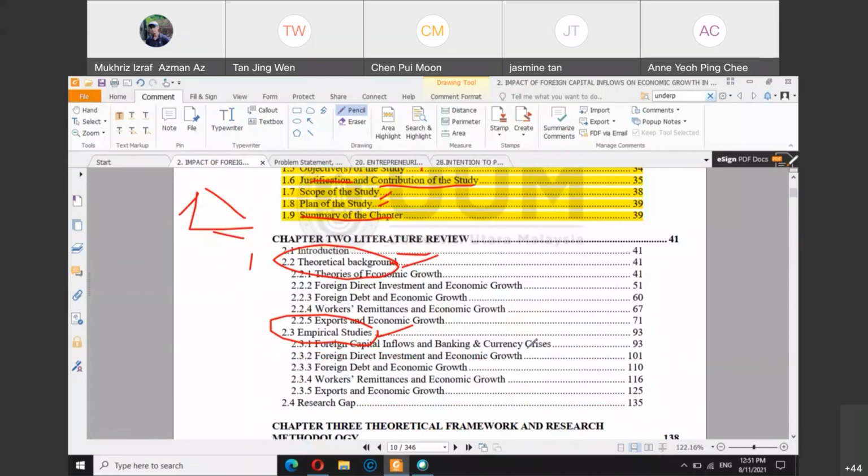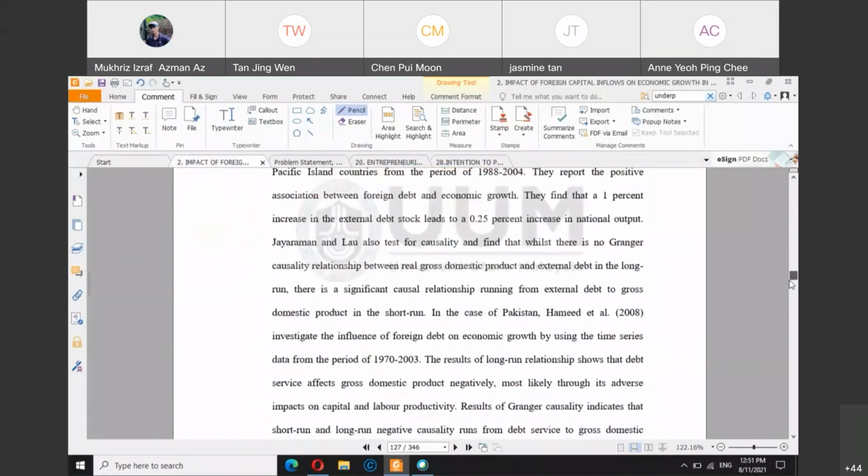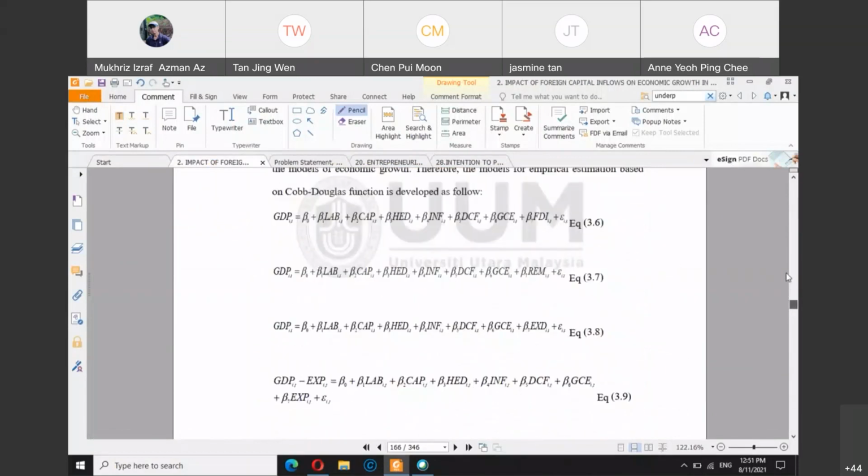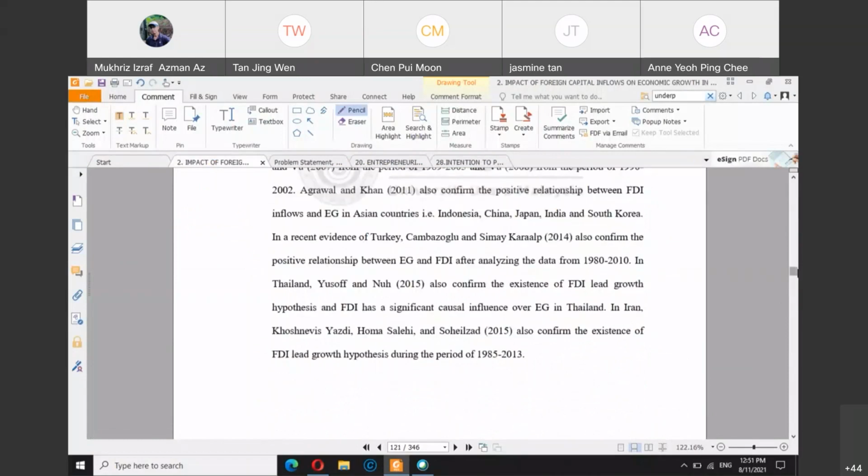So for each sub item, you can summarize articles by those who have done topics related to ethnic and intention to purchase.